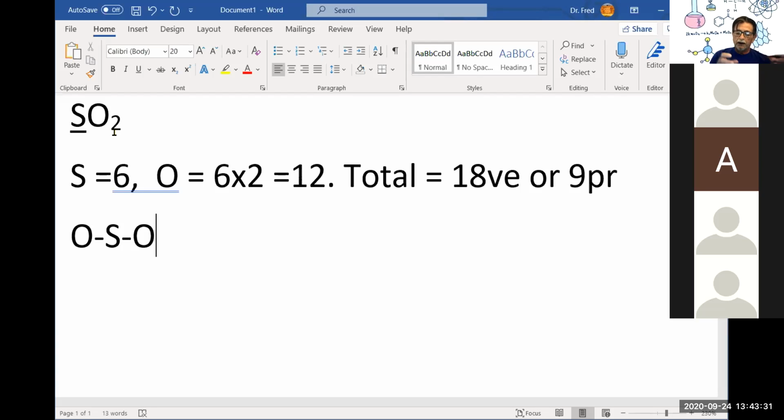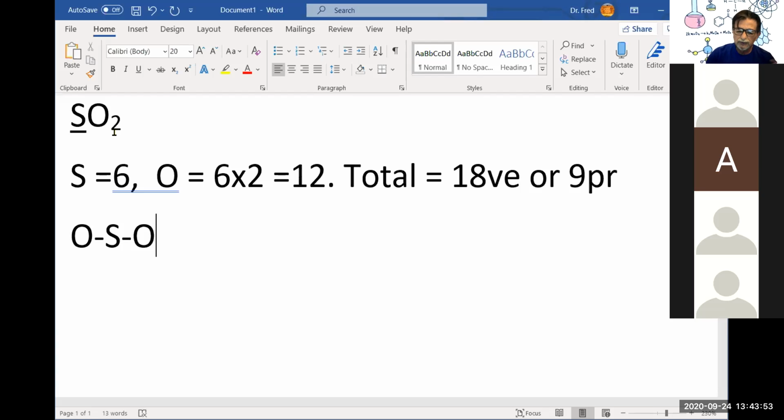The two oxygens are bonded to the central atom, so we can very quickly draw this structure. That took care of how many pairs? 2 pairs. So we have not 9 pairs, we have 7 pairs to work with, right? We've got to put them someplace.